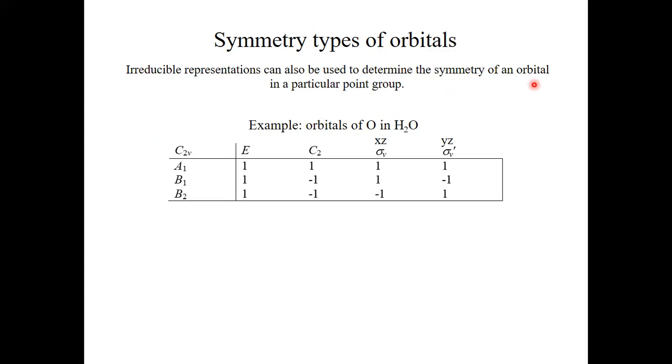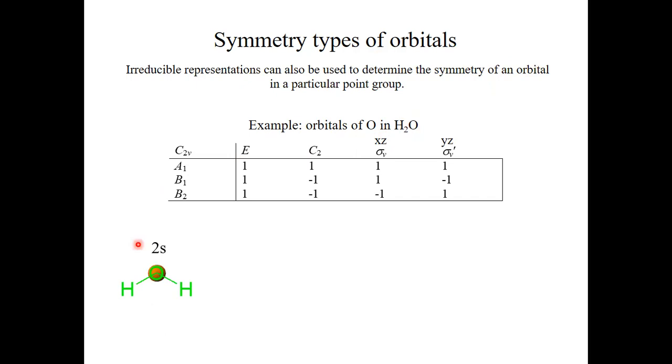Now remember, orbitals are wave functions and can be expressed as wave functions. So for that reason, group theory is also able to predict what is the symmetry type of a particular orbital in a particular point group. In the next step, we will apply what we have learned just before, irreducible representations, to orbitals.